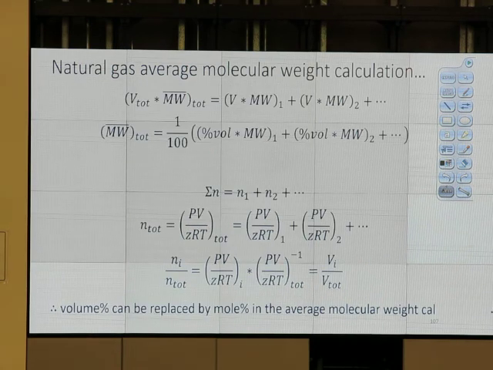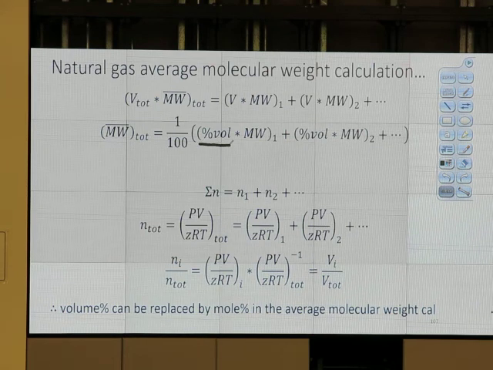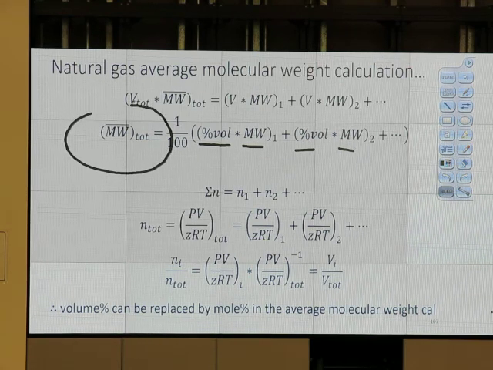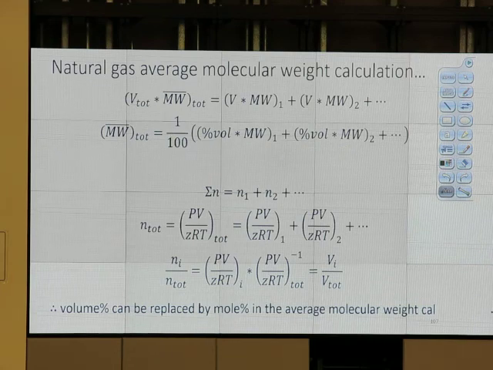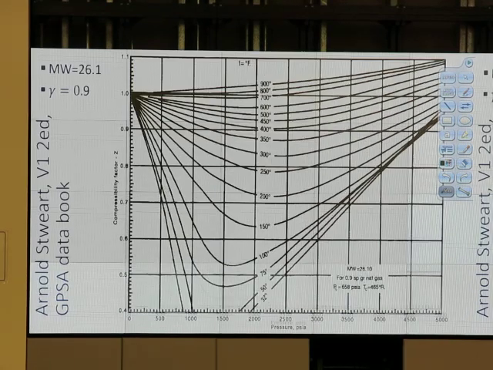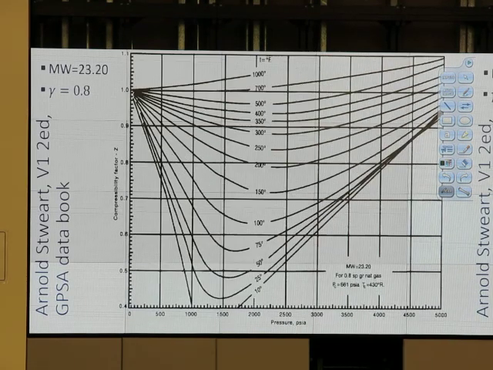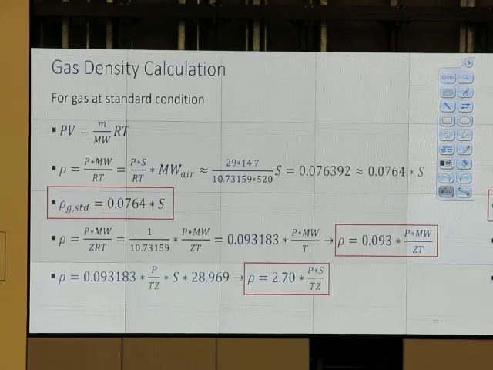So we take percent by volume multiplied by molecular weight for component 1, then component 2, add them together and divide by 100, and we get the average molecular weight. Good. Once we get it, we know which chart to open, then we know the Z factor.